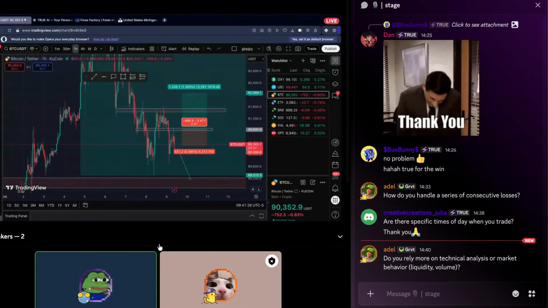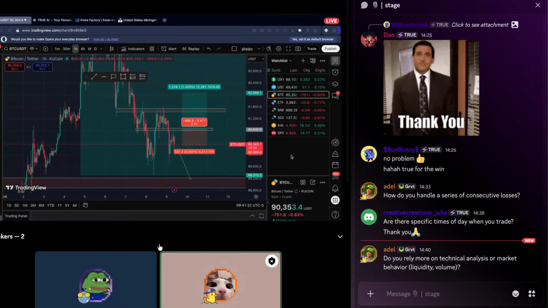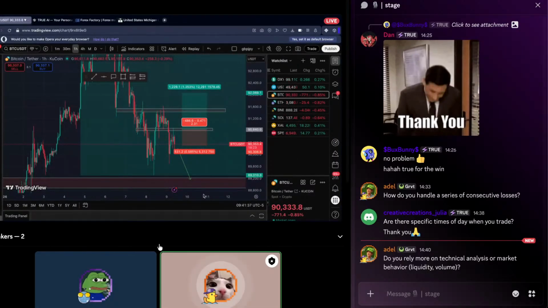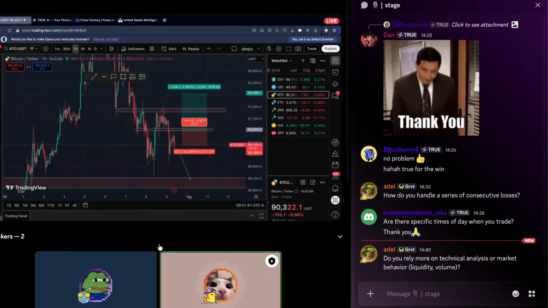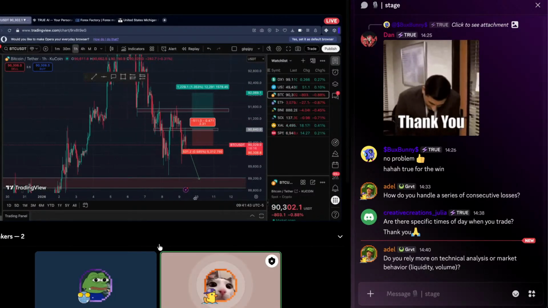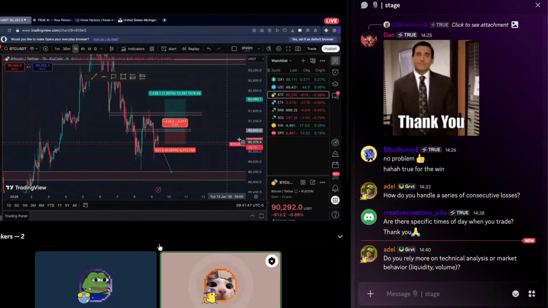Another thing which is very important here, because you can see how AJ basically provided the area of opportunity here, like this red zone, green zone.